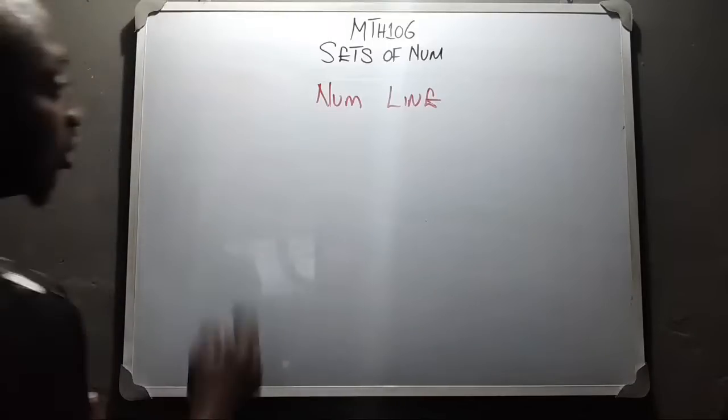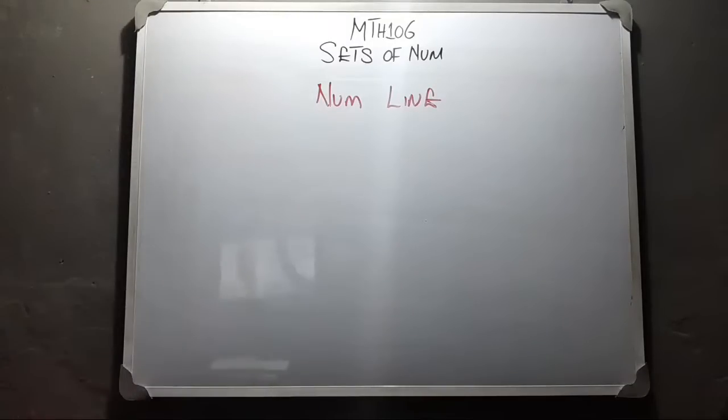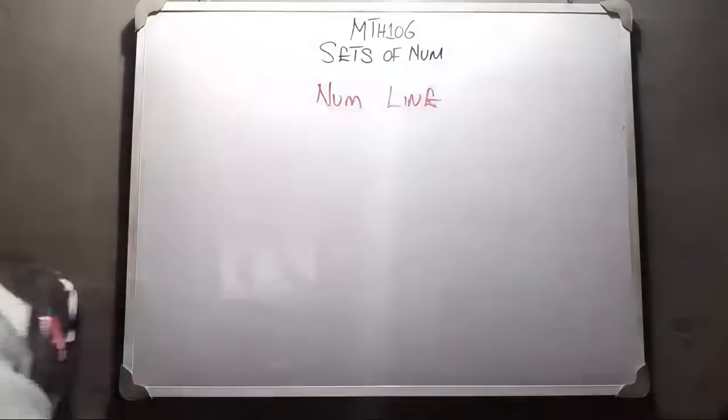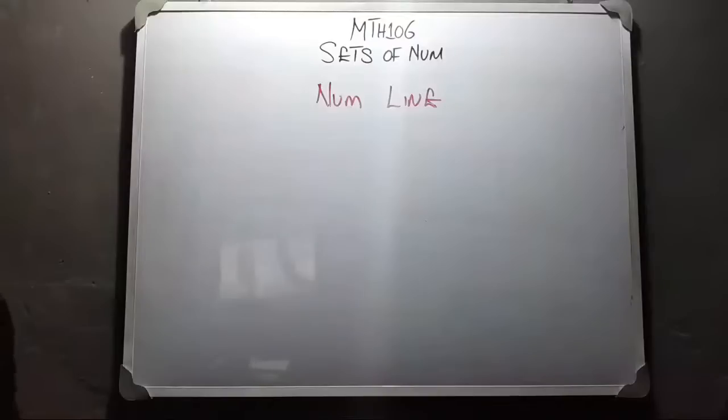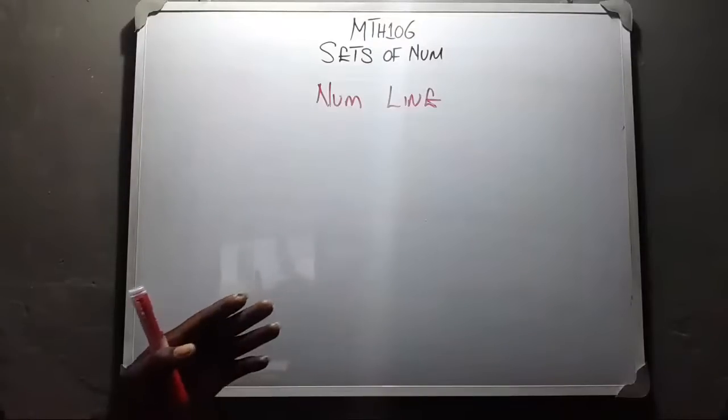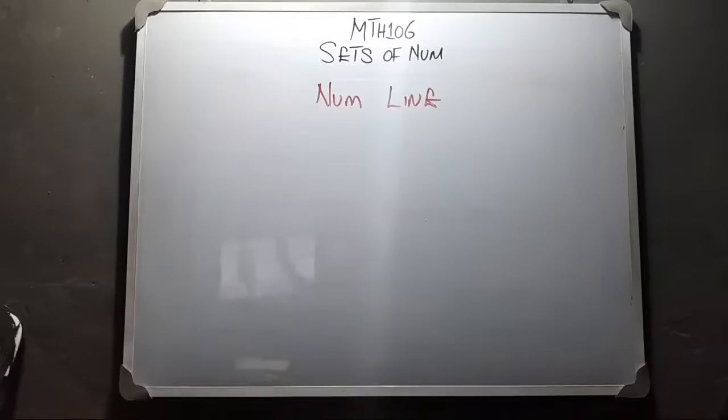But before we get to the number line, we're going to talk about one or two things that make up a number line, and the first thing we are starting with is real numbers.